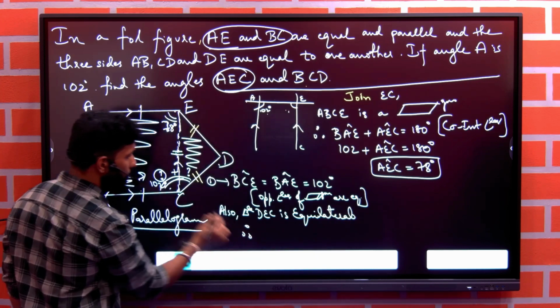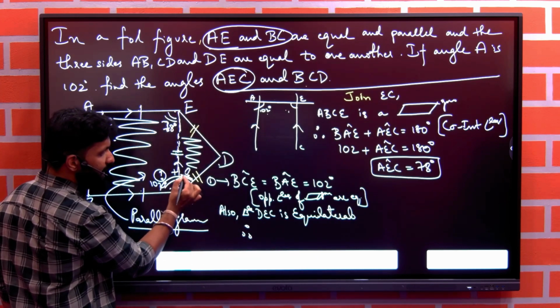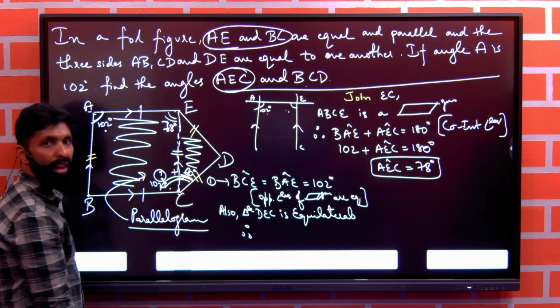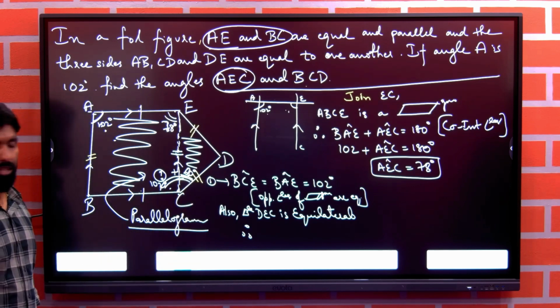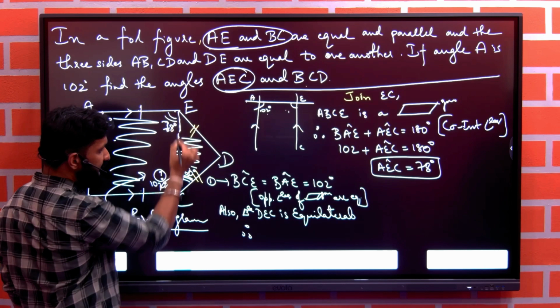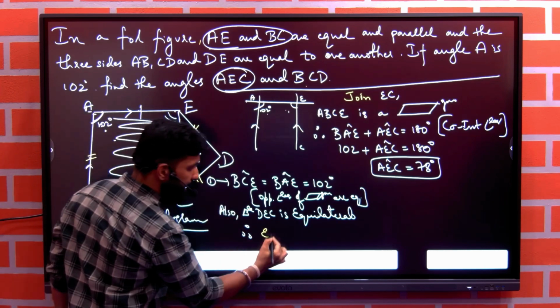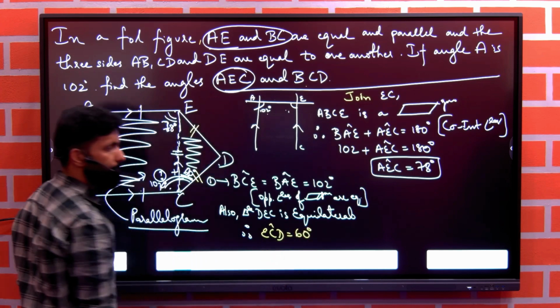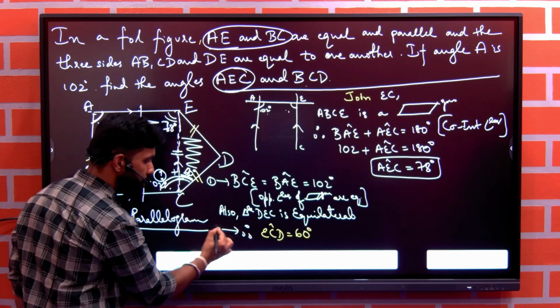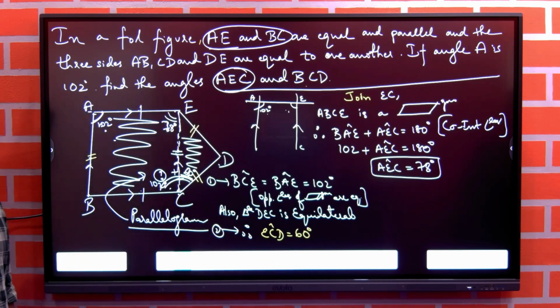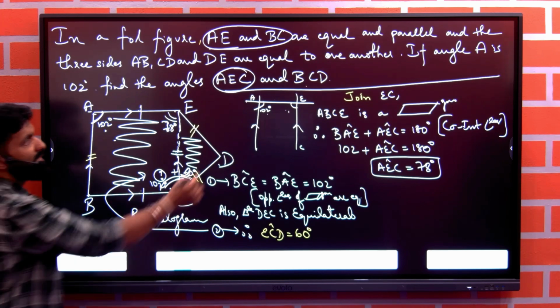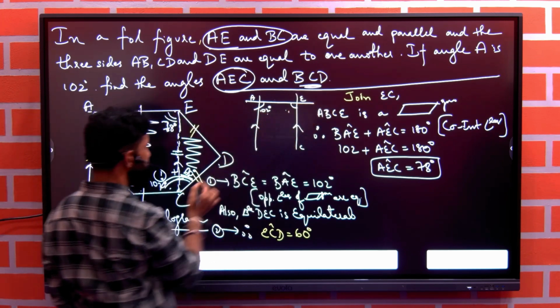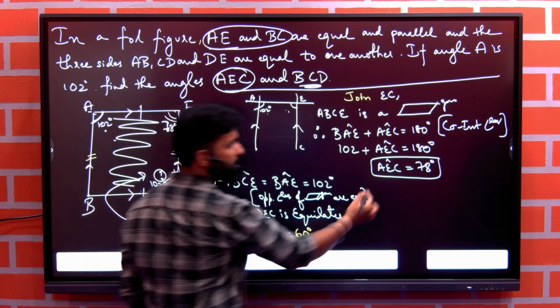Therefore, what is the value of this tiny angle? In an equilateral triangle, all angles are 60 degrees each, right? So angle ECD is equal to 60 degrees. I call this equation 2. The question is asking for BCD, this entire angle. So what is BCD right now?